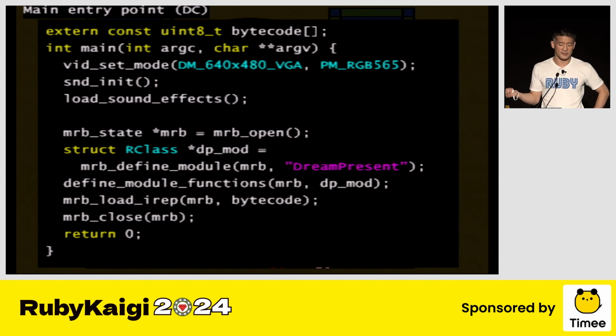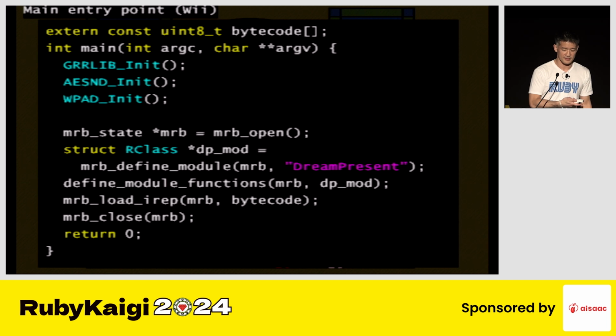This is just a bit of C code to show you the main entry point. This is a main function in C, and the top half contains some Dreamcast-specific initialization things, and the bottom half contains loading mruby and starting. This is the same thing for Wii. The bottom half is exactly the same, and the top initialization bits have changed.